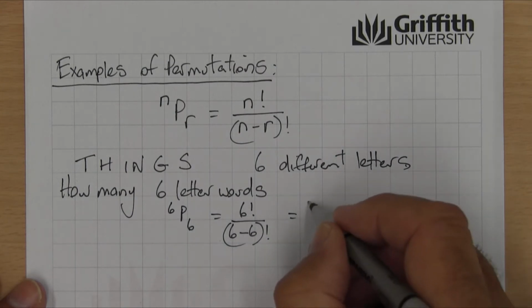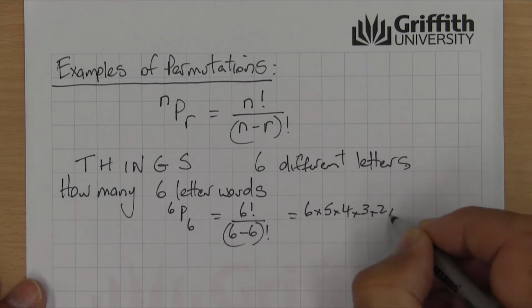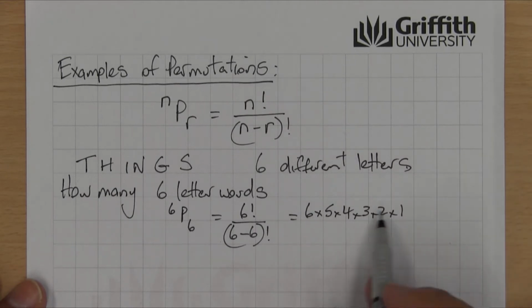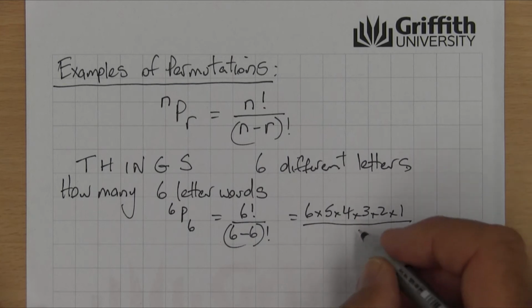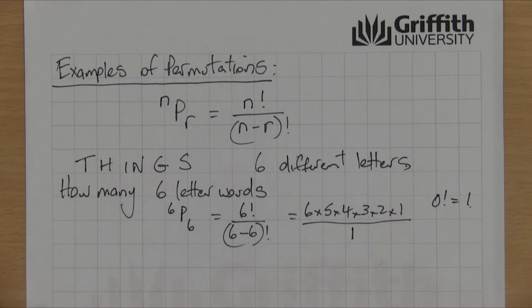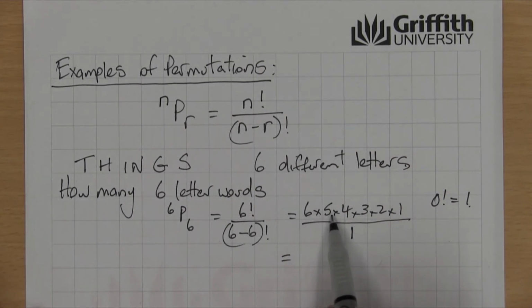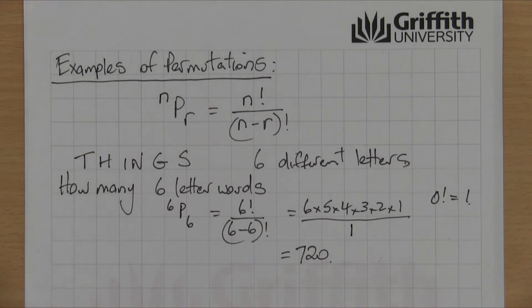Now 6 factorial is 6 times 5 times 4 times 3 times 2 times 1, so all the factors all the way down to 1, all over, now 6 minus 6 is 0 factorial. Now 0 factorial is equal to 1. And so what have we got here? 6 fives are 30, 120, 720. Okay, so we've got 720 ways that we can choose 6 letters from 6 letters.